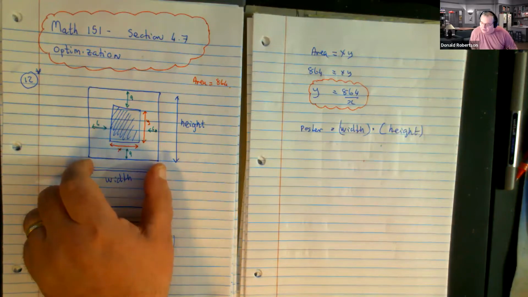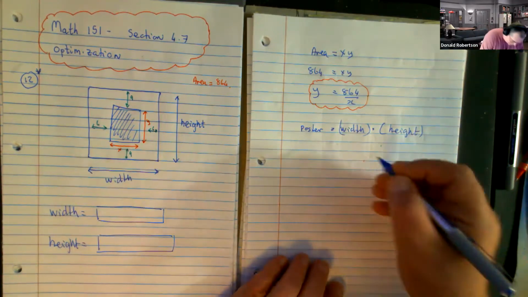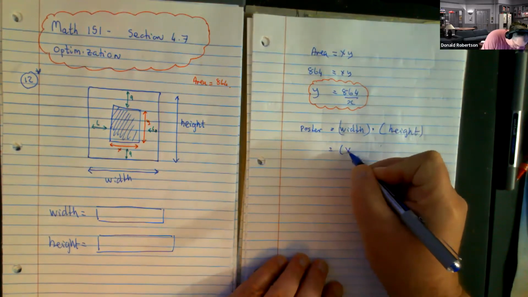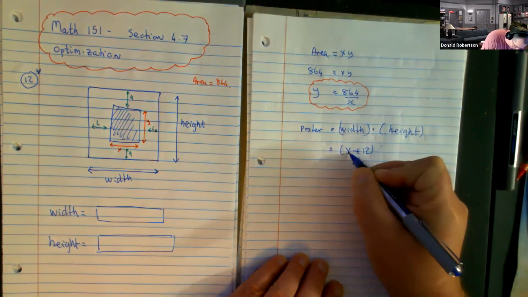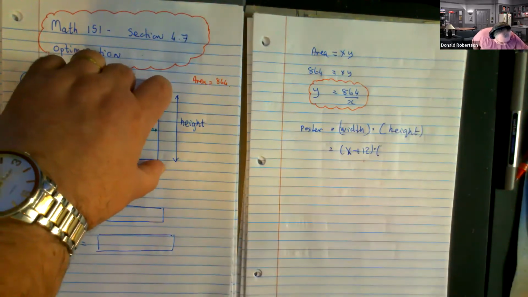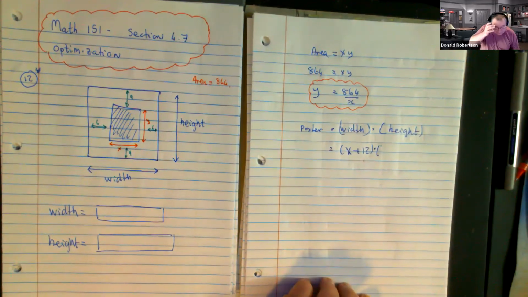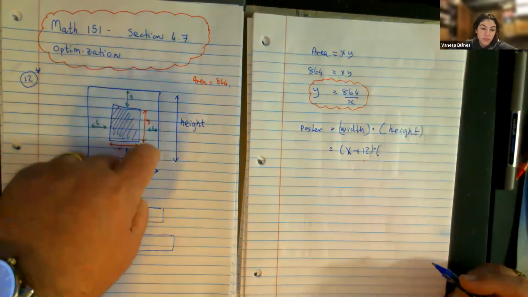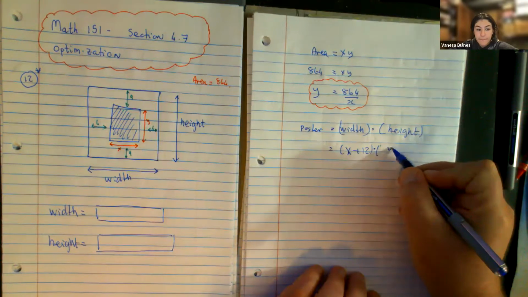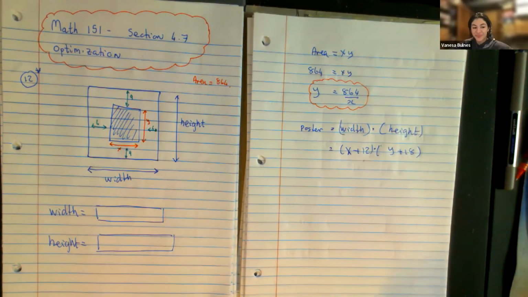Does that make sense? That the width is a 6, an X, and another 6. So that makes it X plus 12. Now, if you use the same reasoning, what will be the height? 18 plus Y. Yeah, that's what you meant.